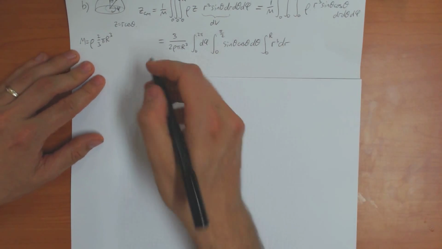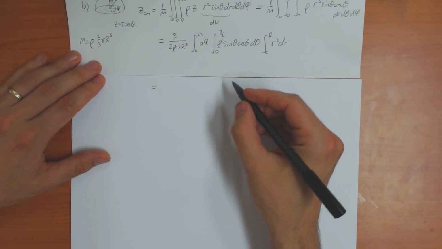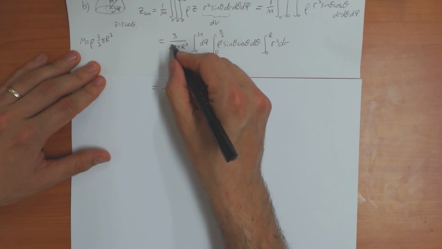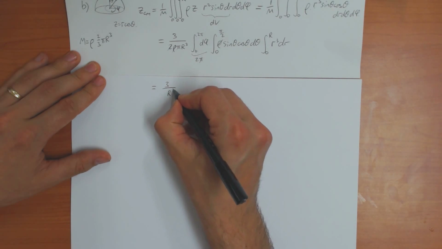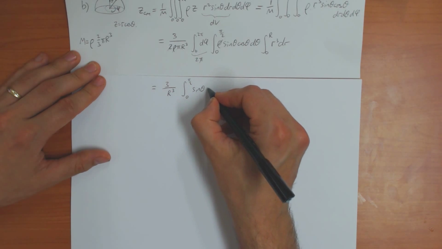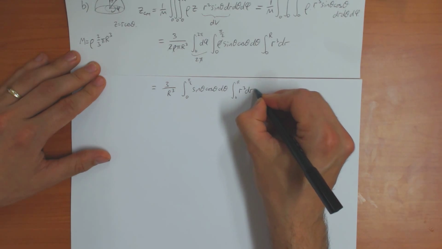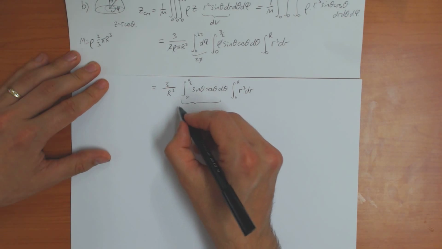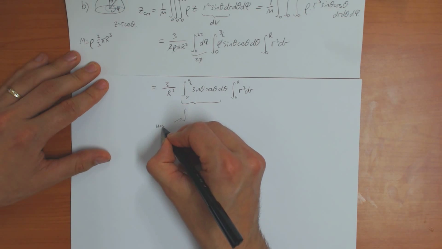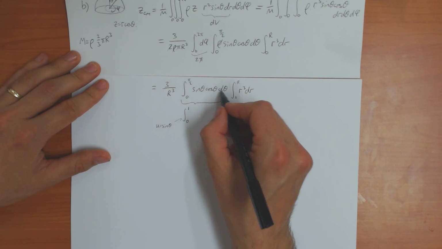Okay, so continuing with this then, again, the rhos, I forgot about, the rhos cancel. This gets you 3 over, and this integral just gives you 2 pi, so that cancels the 2 pi here. So you get 3 over R cubed, the integral from 0 to pi by 2 sine theta cos theta d theta, integral from 0 to R of r cubed dr. So this one, if I say that u is sine theta, then this is the integral from 0 to 1. du is cos theta d theta.